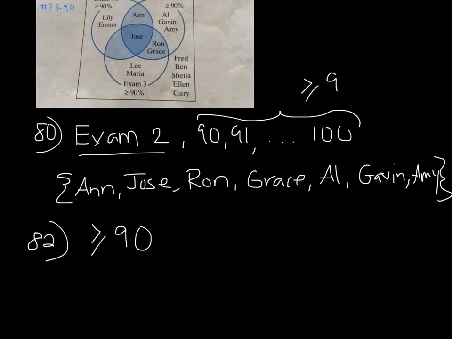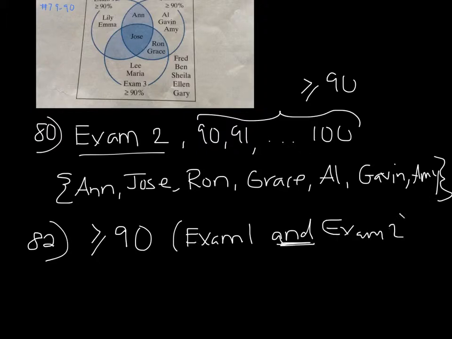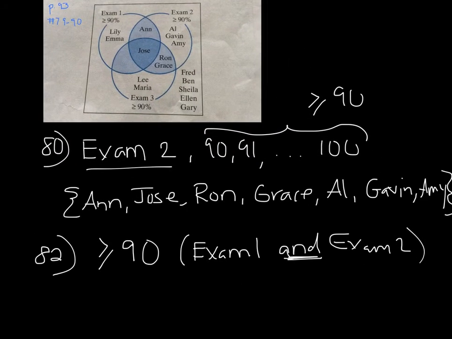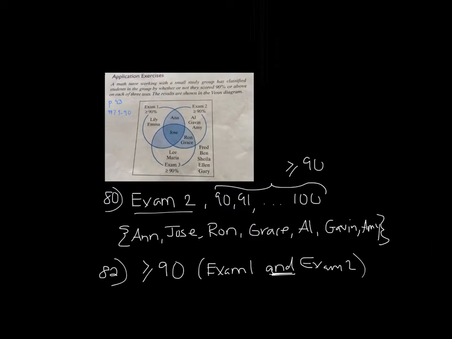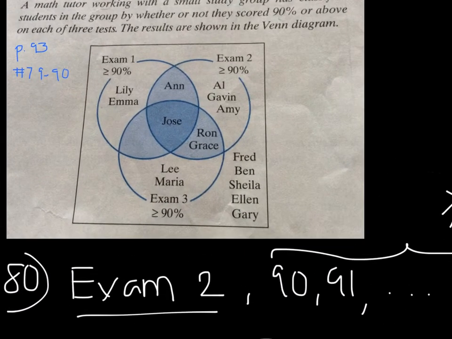But here it's on exam 1 and exam 2. So and, that's going to be an intersection. So we go back to 1 and 2. Which students got basically an A on both exam 1 and 2?